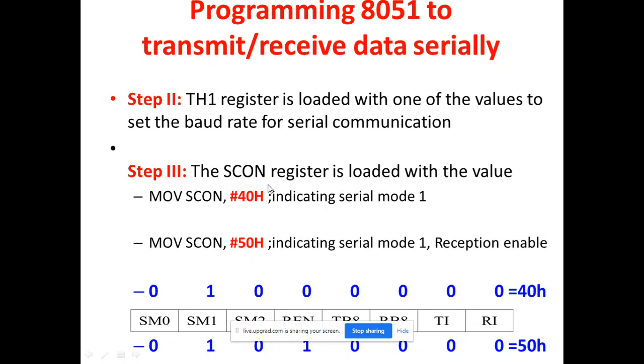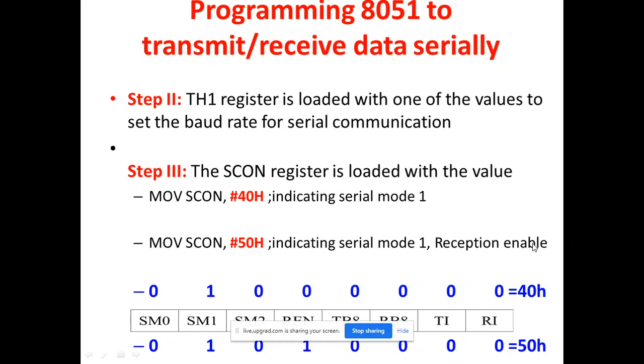Third step, that is SCON. SCON 40 means reception has become disabled. We don't use 40 in the reception process. Avoid this, and every time SCON must be loaded with 50H. 50H means reception is enabled. Don't place 40 for a reception task, otherwise even if another device is sending data, the controller can't receive it, and that's why it is compulsory that SCON equals 50H only.